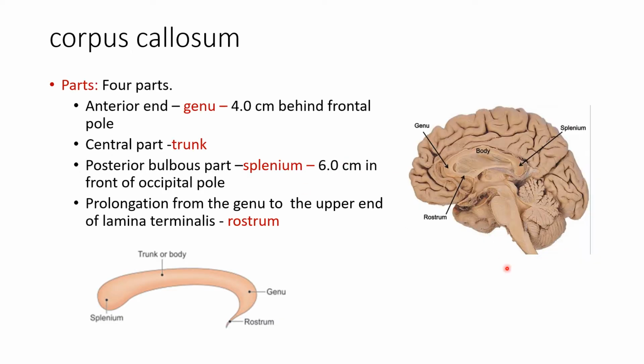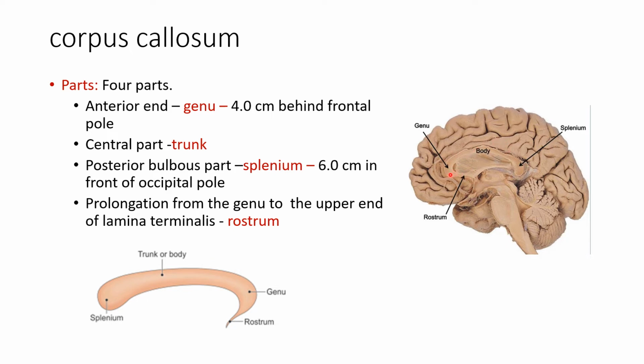Now let us see the parts of the corpus callosum. This is the anterior end and this is the posterior end. The anterior end is called the genu and the posterior end is called the splenium, and in between is the body of the corpus callosum.